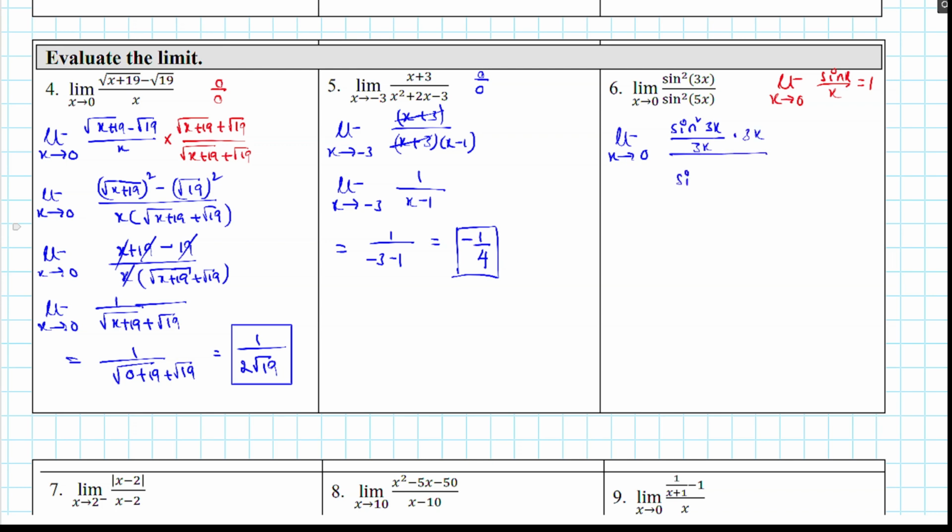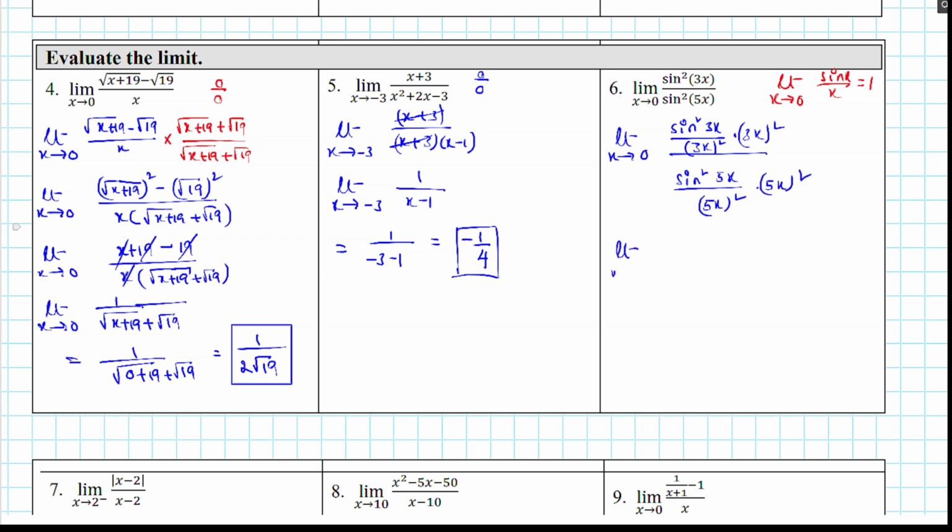over sin square 5x over, divide by 3x whole square and multiply by 3x whole square, here the 5x whole square and 5x whole square.